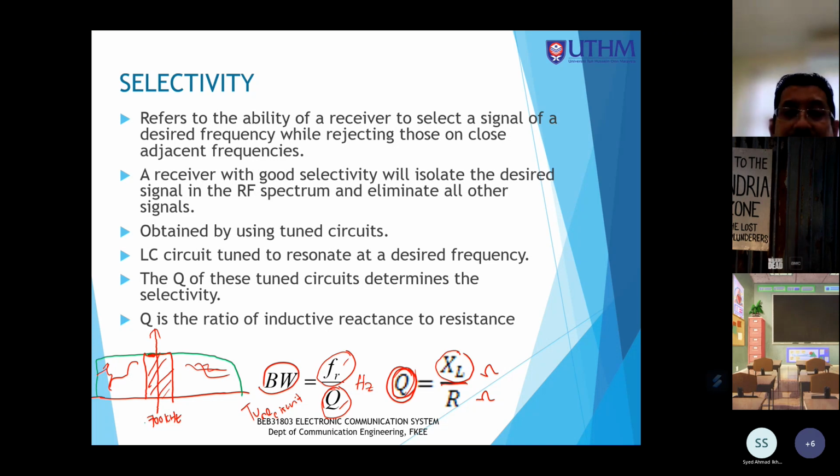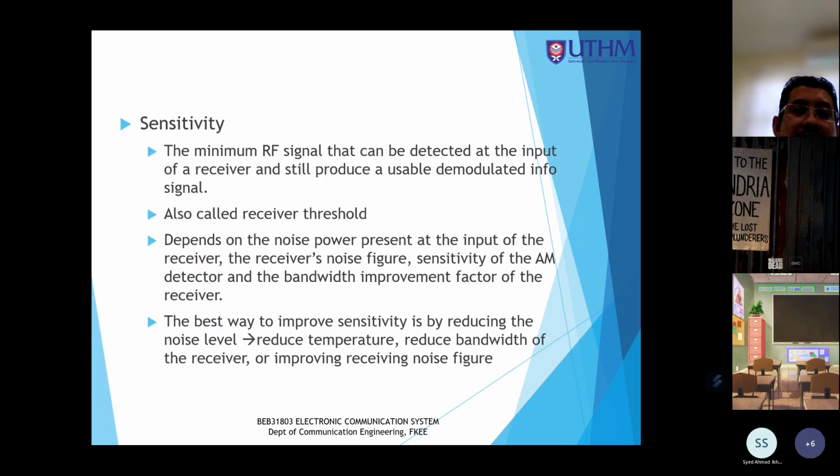Dan kita ada parameter yang kedua, yang dipanggil sebagai sensitivity. Okay, sensitivity is the minimum RF signal frequency that can be detected at the input of the receiver and still produce usable and demodulated info. Maknanya sensitivity ini mengukur sejauh mana receiver kita itu sensitif.